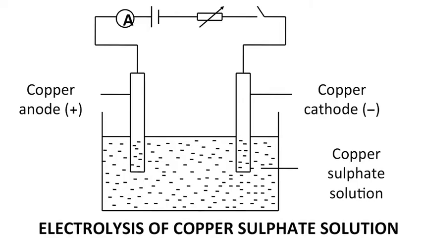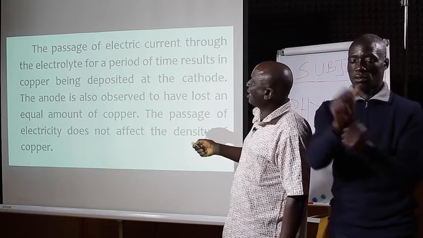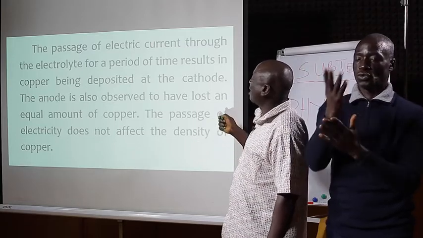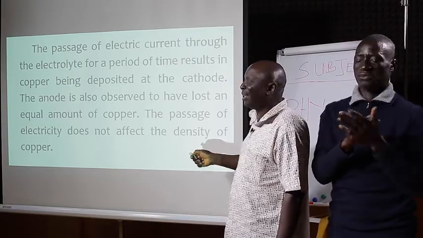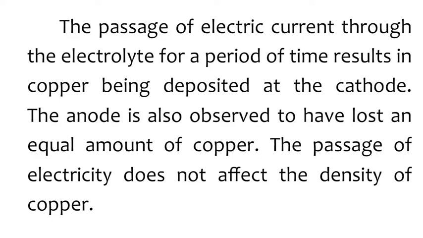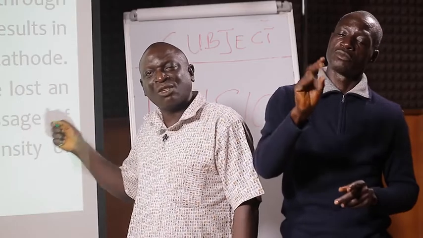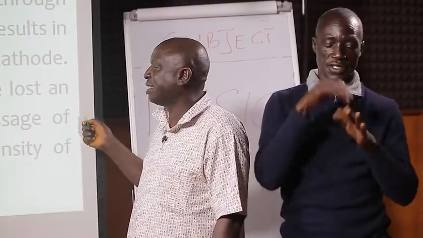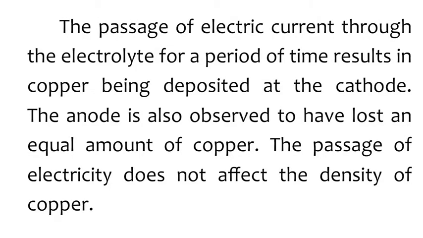Now, the passage of electric current through the electrolyte for a period of time results in copper being deposited at the cathode. So at the cathode, we have copper being deposited. The anode is also observed to have lost an equal amount of copper.